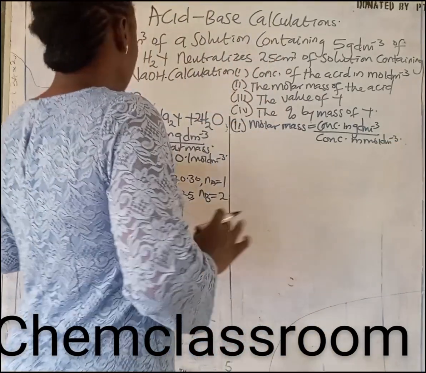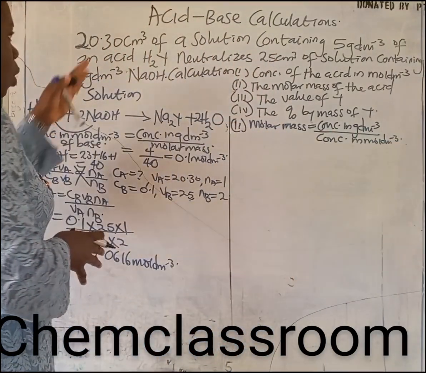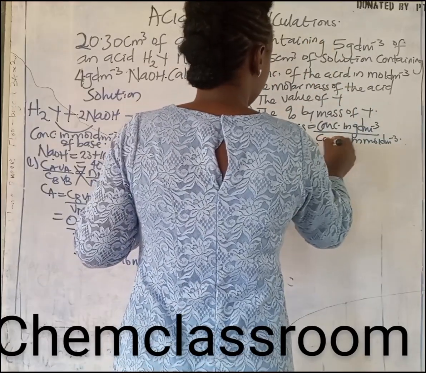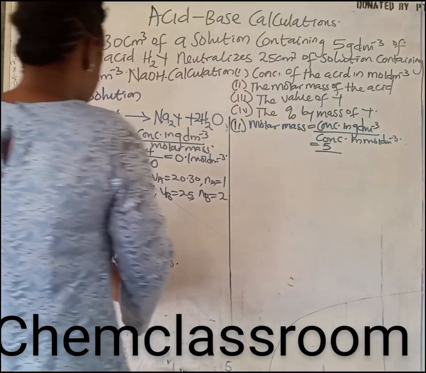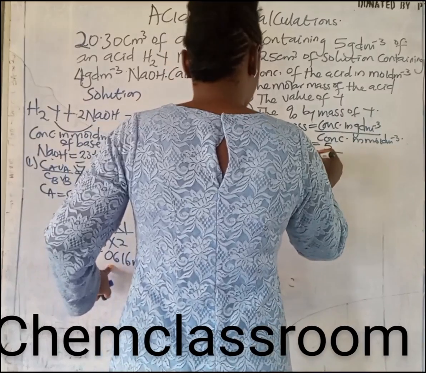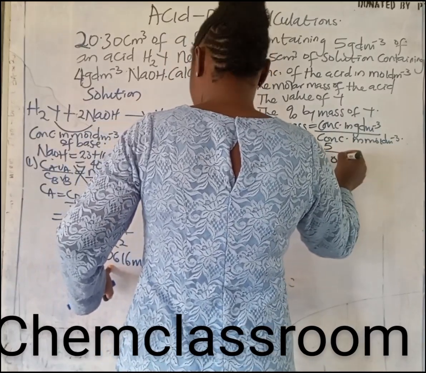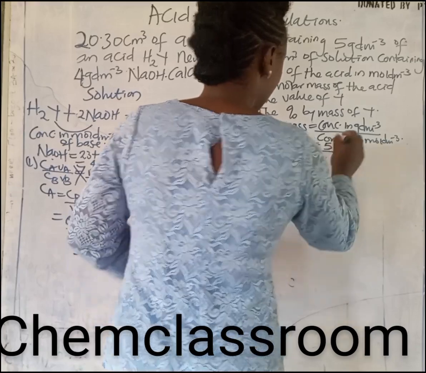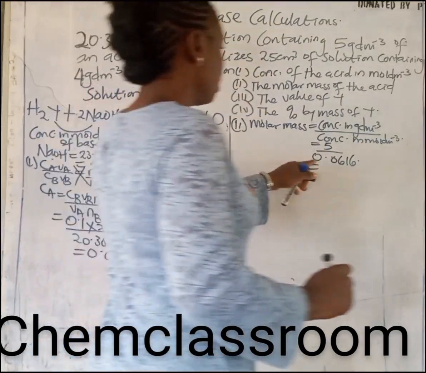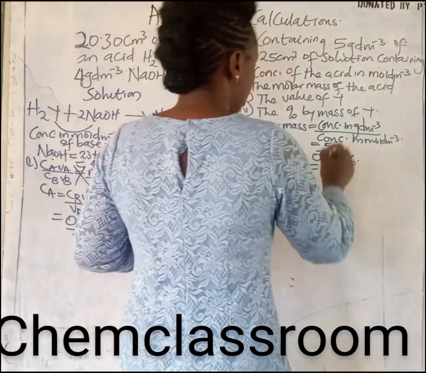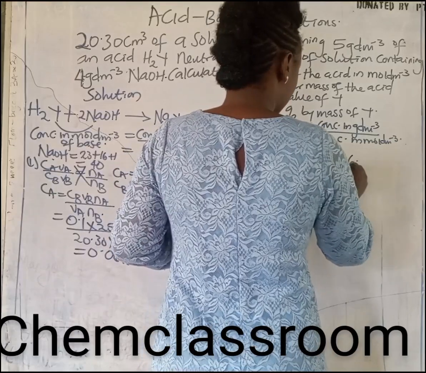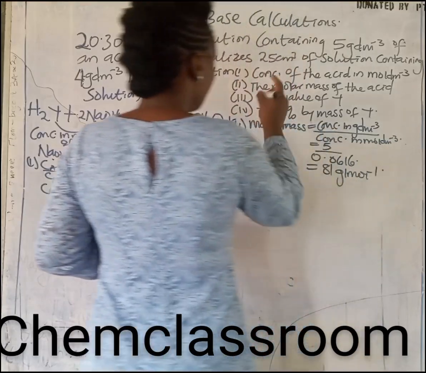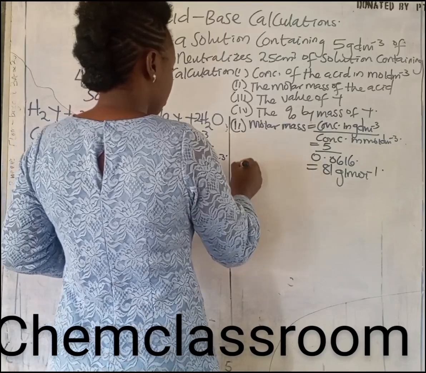The concentration in grams per dm cube that was given for the acid is 5. So 5 divided by the concentration that I got here, 0.0616, is going to give me 81 gram per mole.